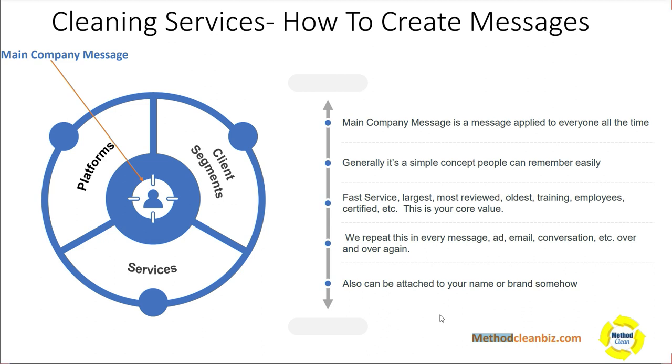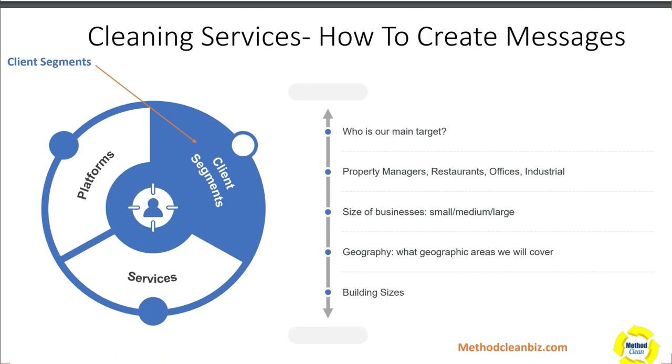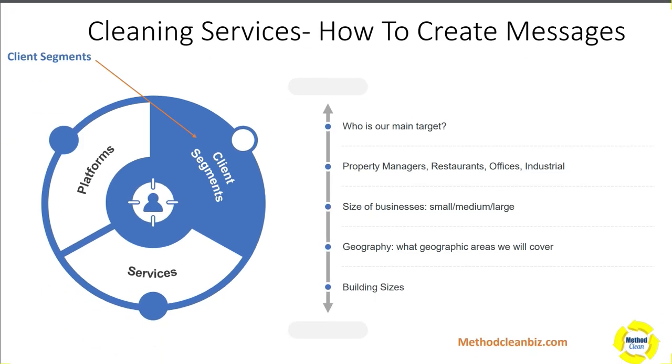So the next section is going to be client segments. And I think this is something that most people understand, that property managers, restaurants, offices, industrial buildings, all of these segments can value different things. So we want to come up with different messages for each one of these. Now, in some cases, you can't really do that.